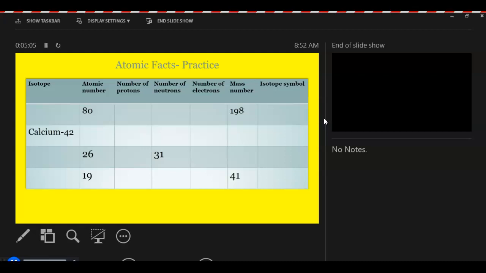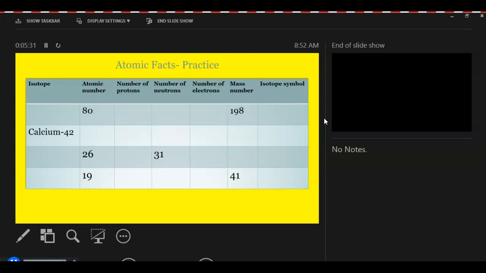Now we have to calculate neutrons, so we have to do 41 minus 19. Who's going to do that math for me? 41 minus 19 is 22.